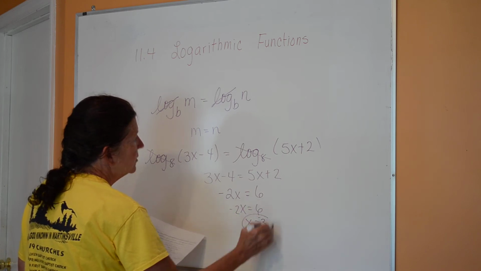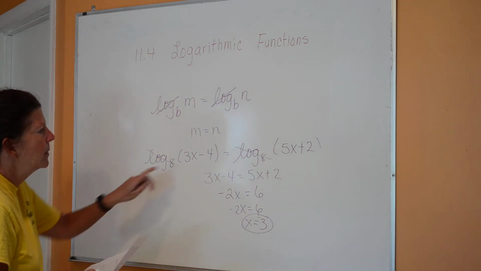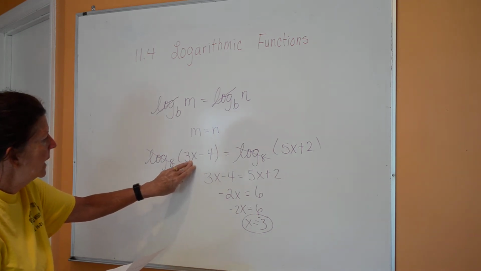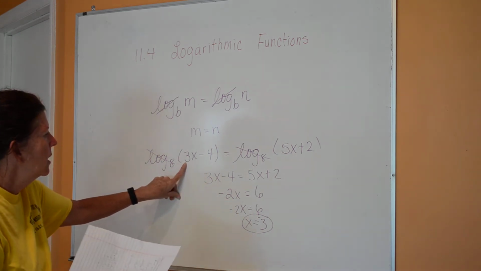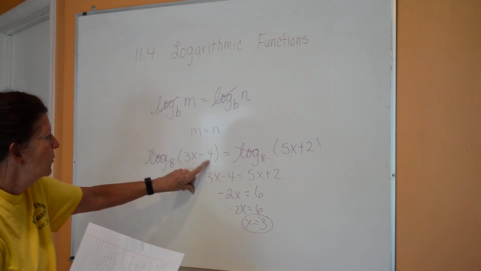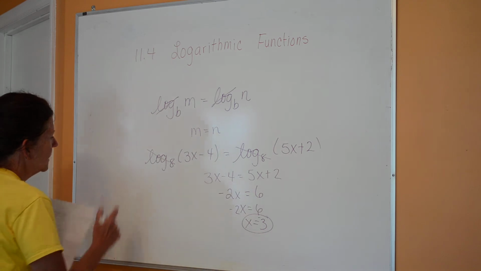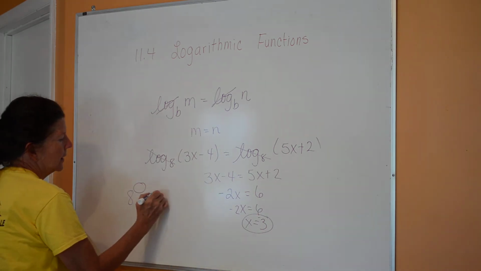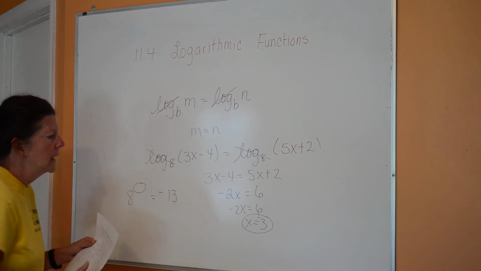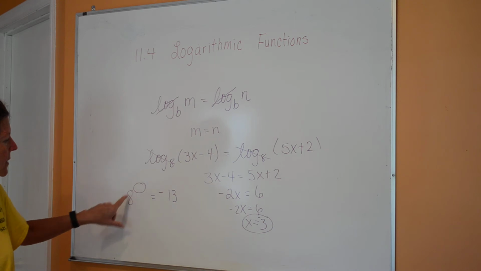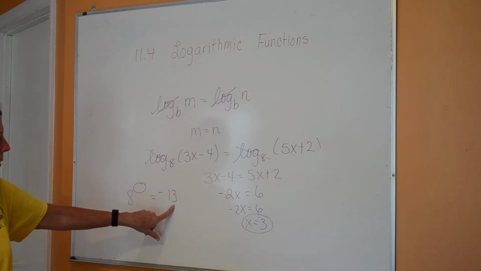Now, especially if it's a negative, I've got to bring it back up and make sure it works in the equation. So if I put it in here, I would have a negative 3 times 3, which is a negative 9, minus 4, which is a negative 13. So basically I'm saying 8 raised to some power is going to give me a negative 13. That is impossible. There is nothing I can put there that's going to change a positive to a negative.